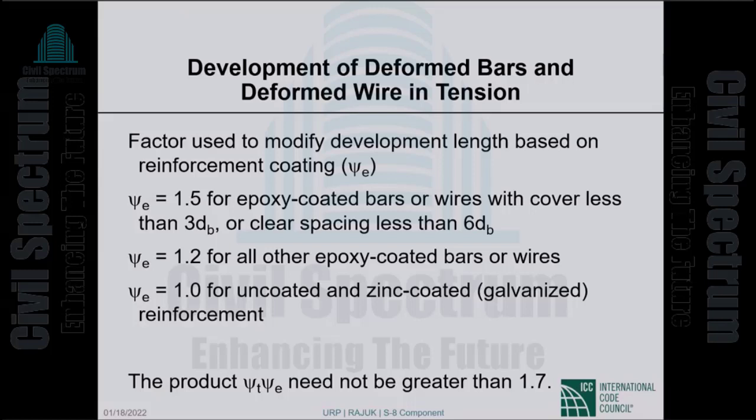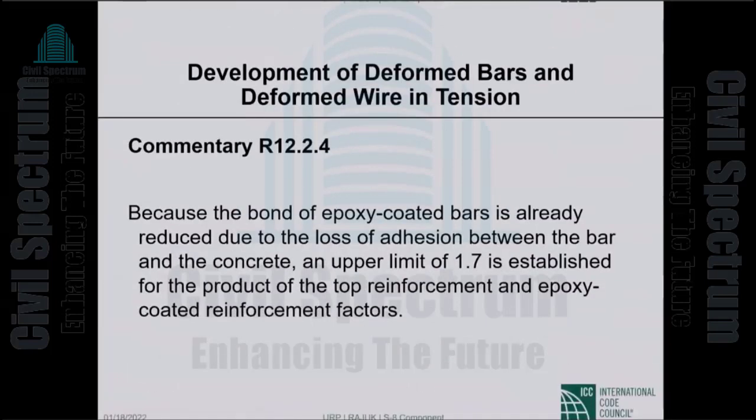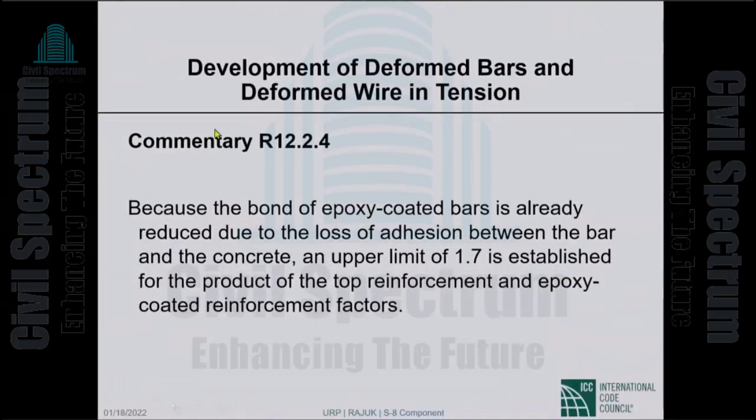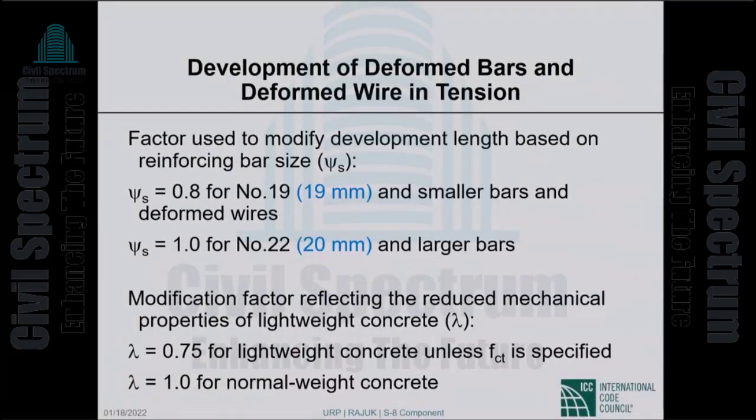So you get really penalized for epoxy coated bars that have thin cover on them and are closely spaced. 1.5 is the factor. The product of the two, the top bar factor and the epoxy coating factor, has a ceiling of 1.7. You don't need to take it more than 1.7. And it is explained why we put this upper bound of 1.7 on the product of the two.